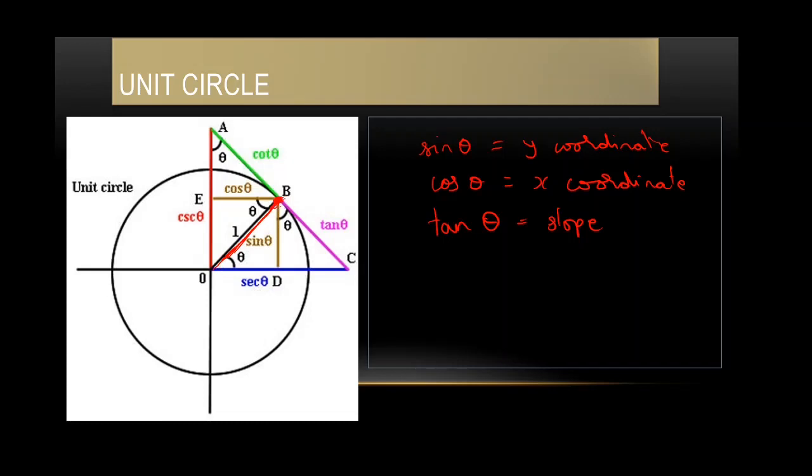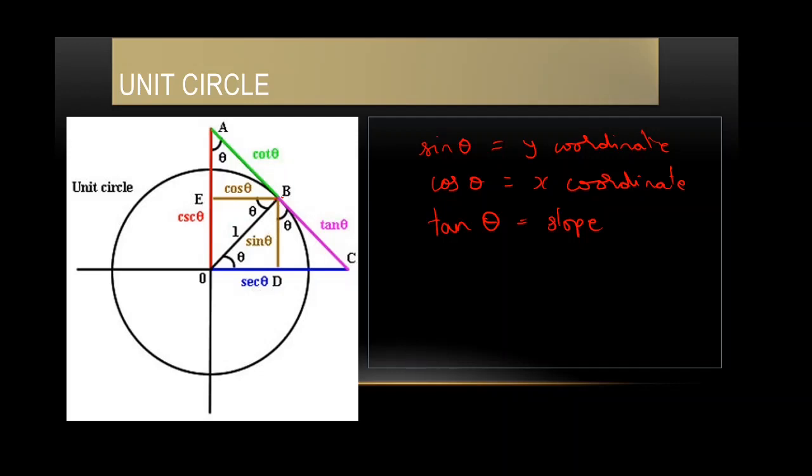From here you can get to know the other ratios also. This is the secant of the angle, this is the cosecant of the angle, and this is the cotangent of the angle.